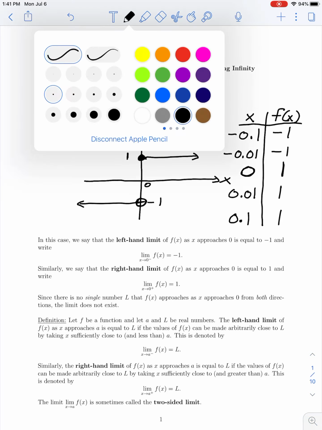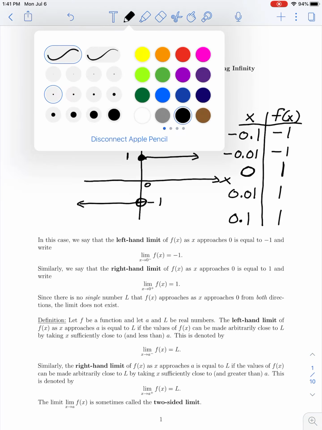So this example illustrates that we could consider one-sided limits, what's happening to the values of a function as we approach a number from one direction. And we see that if we were to have two different limiting values for a left-hand and a right-hand limit, the limit of the function itself would not exist. There's no single number which we're approaching.